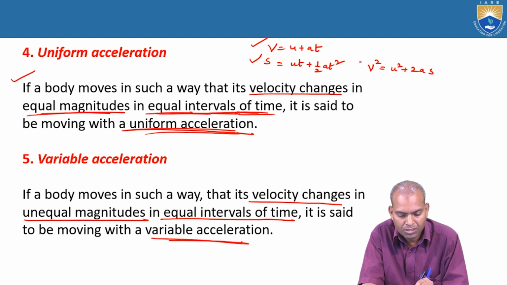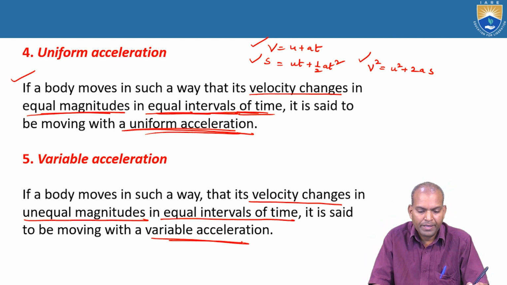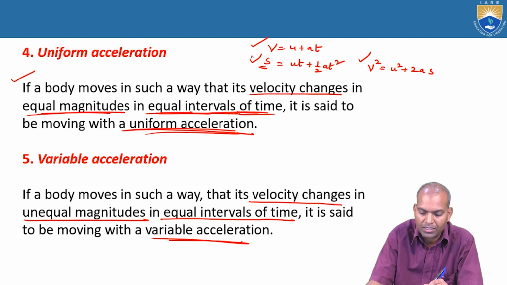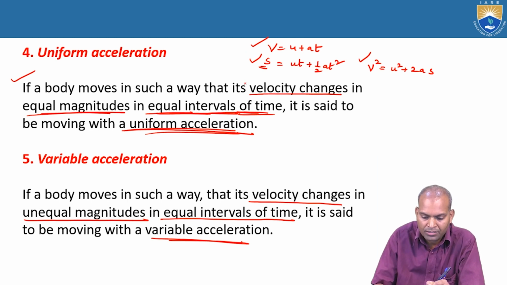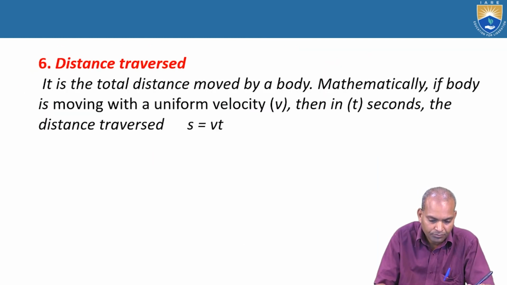These three equations are going to be derived, where v is the final velocity, u is the initial velocity, a is the acceleration, and t is the time. There is one more variable, s, which is known as the displacement.